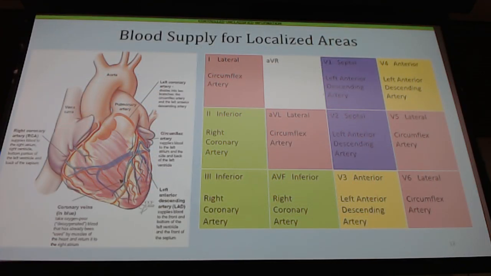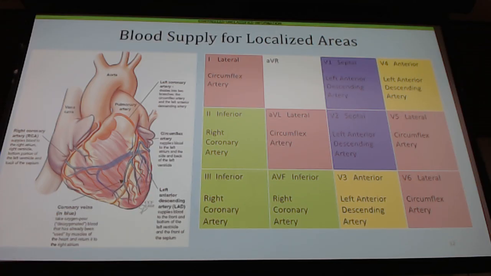And I'll potentially start to see changes in my ST segments on my EKG that may point to, or at least give me an idea of where this occlusion is occurring, simply by looking at that 12-lead EKG, right? This is just a kind of a geographic map of the heart and the 12-lead EKG and what coronary arteries are supplying the blood to those regions.